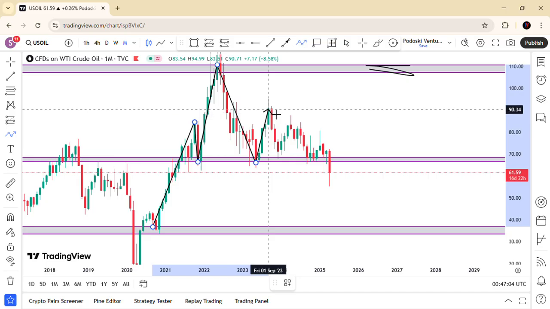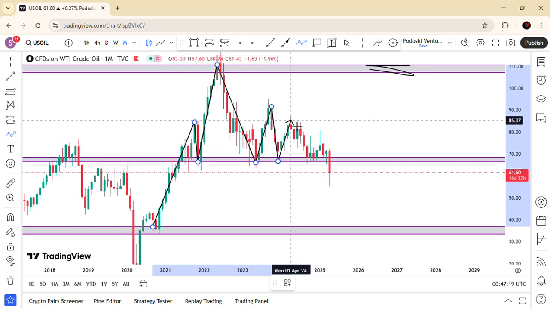Instead, when it got to this particular zone, it saw selling pressure, dropping to the low, creating an equal low, which we have here. The price went up, failed to go above the previous high.